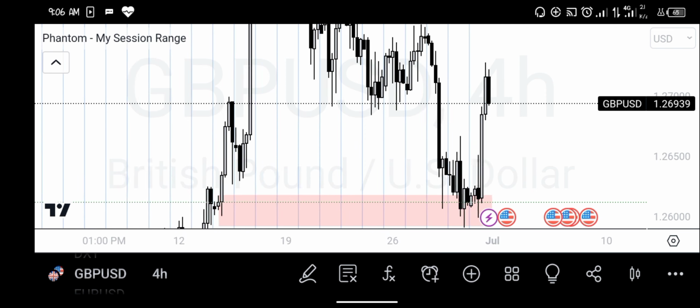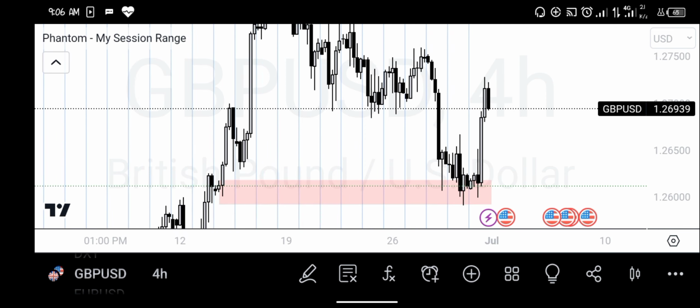Like how I tell my students, when price gets to a specific demand or supply zone, don't just jump in and begin to buy or sell because price is in your demand or supply zone. Always wait for a follow through. Always wait for order flow to confirm that the bears are taking over or the bulls are taking over.